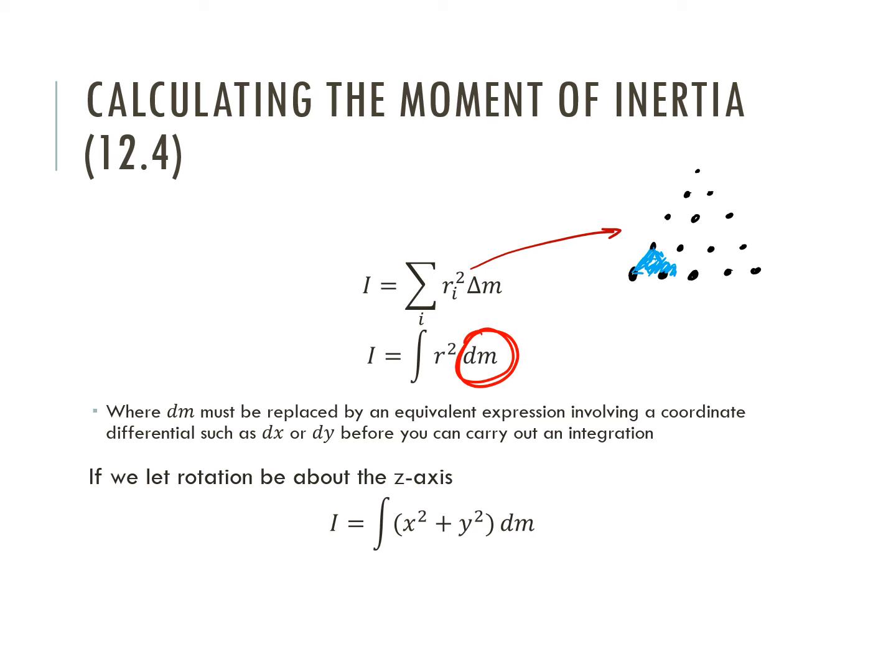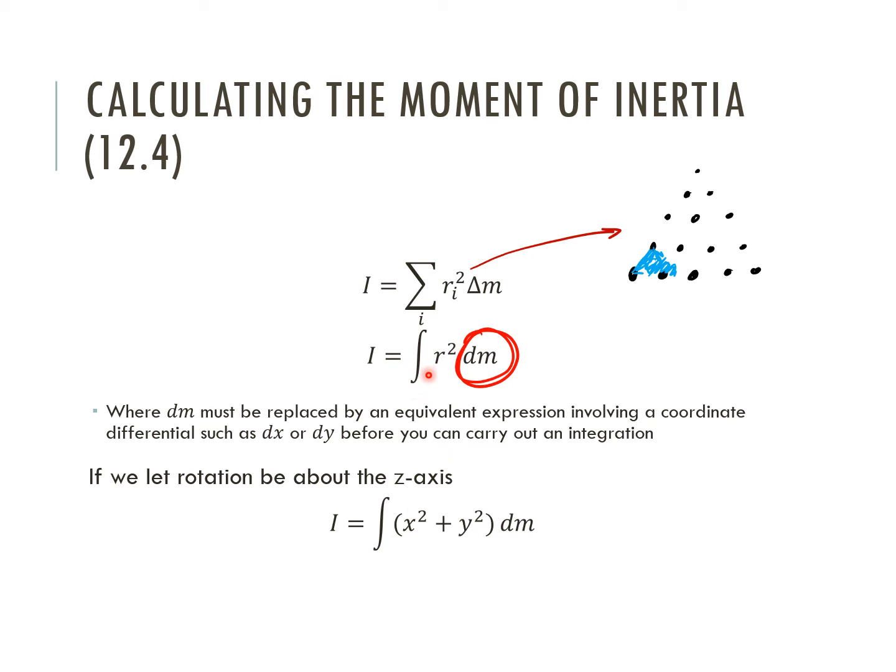And so what's happening with the moment of inertia and the center of mass is we need to make sure that we replace dm with an equivalent expression involving a coordinate differential. So that's going to be dx or dy before we can integrate. So in the case of where our object is rotating around the z-axis, we really are going to have an integral with respect to x, or dx, or something that looks like this.